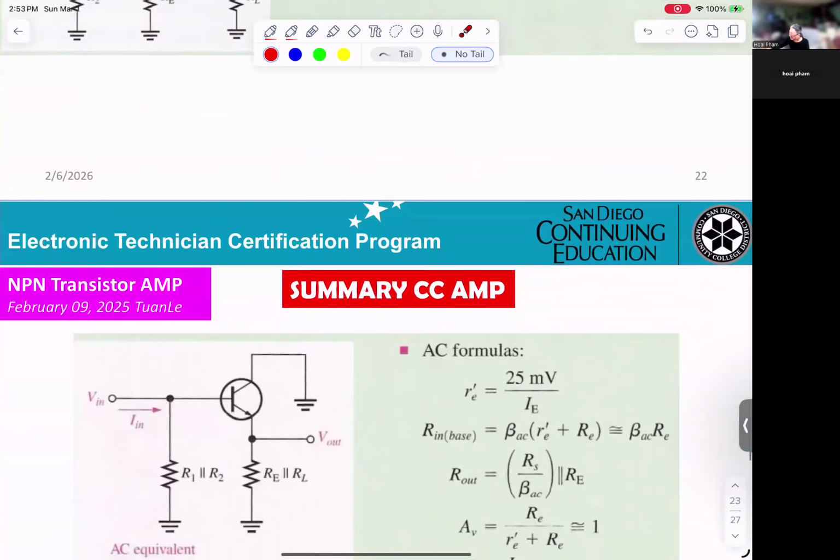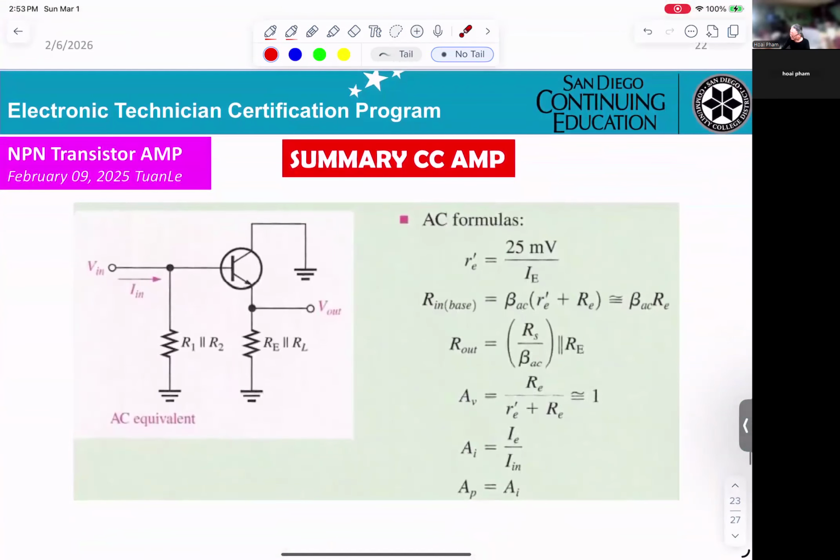Okay? When you're looking into the circuitry, I guarantee you cannot memorize all the formulas. However, first thing, you have to recognize what amplifier it is, common emitter, or common collector, or common base. Okay? That's very important.